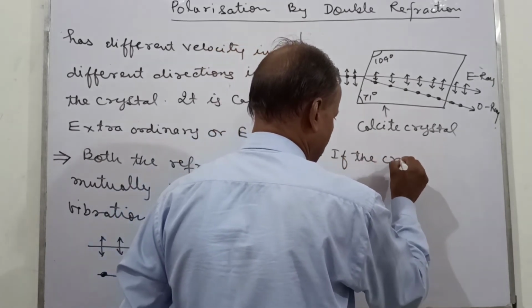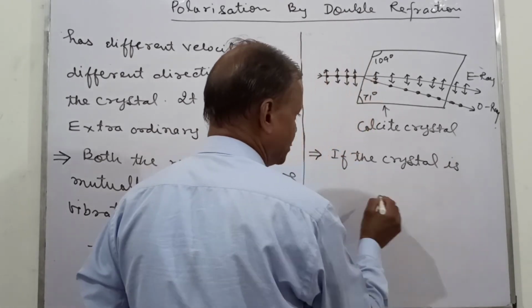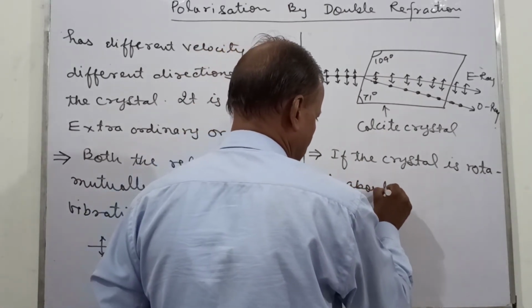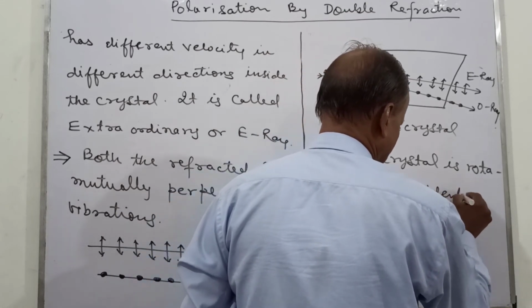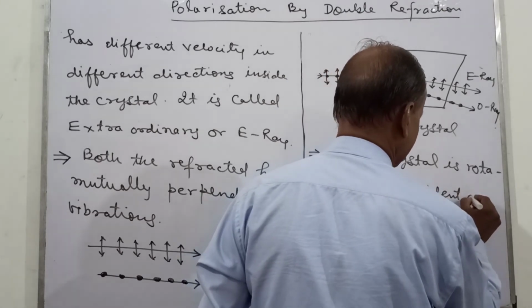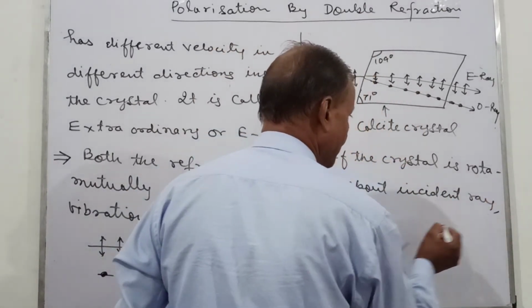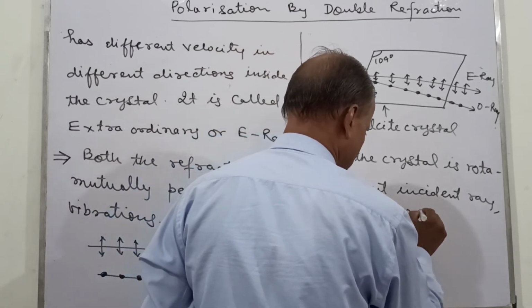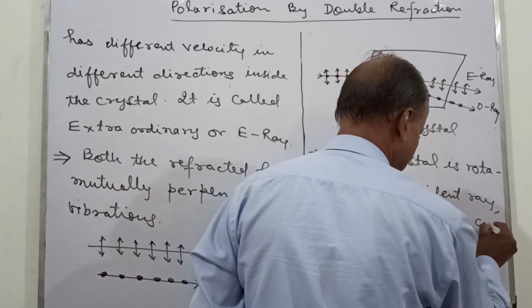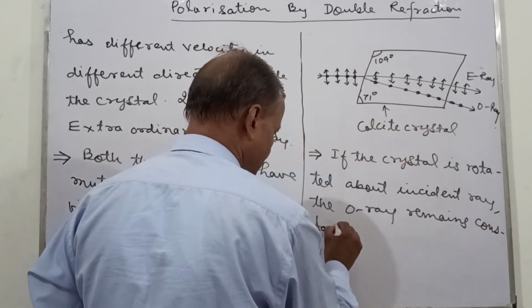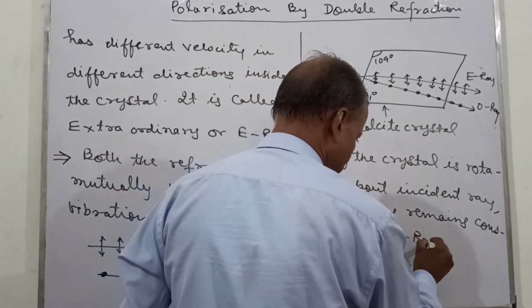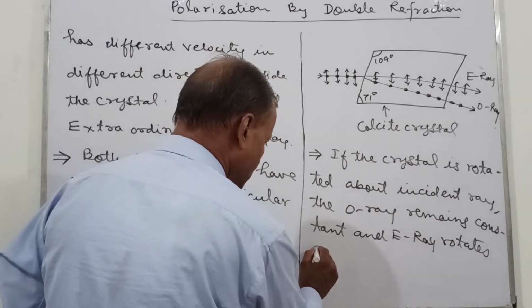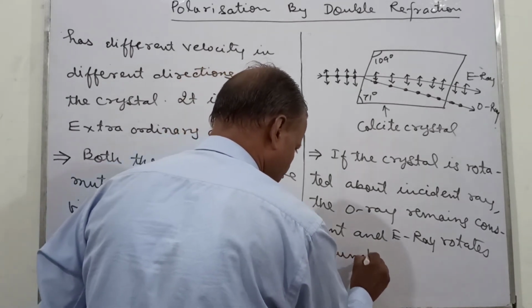If the crystal is rotated about the incident ray, the O ray remains constant and the E ray rotates around the O ray.